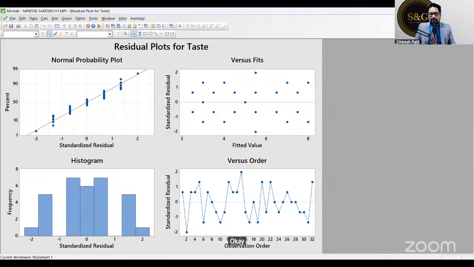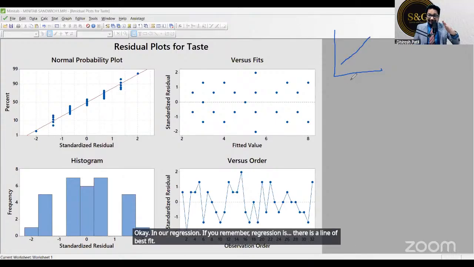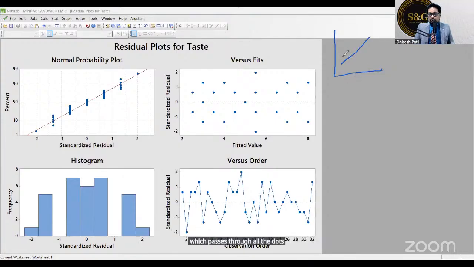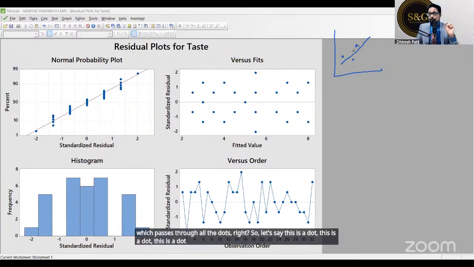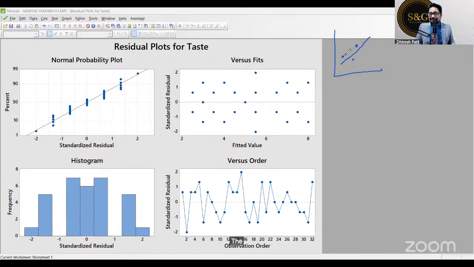In our regression, if you remember, there is a line of best fit which passes through all the dots, right? So let's say this is a dot, this is a dot, this is a dot. Now what is a residual? This is the actual dot, and this is the dot on the line of best fit.